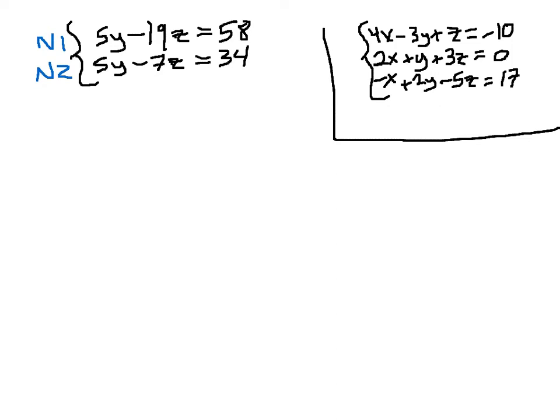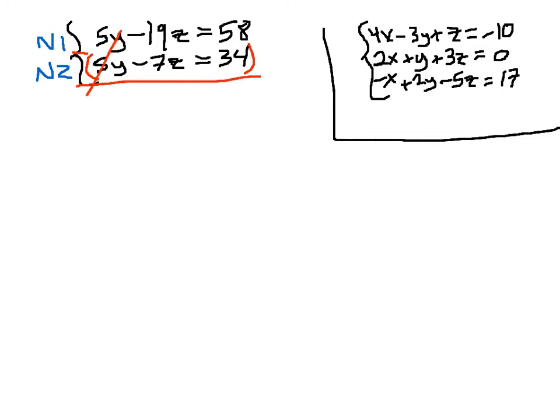I got my new number 1 and my new number 2, and now, without that extra x, I'm going to solve this. You can solve this using any method you'd like, but it looks like we can use the elimination method. Here's a 5y, here's a 5y. I can subtract these 2 equations, and when I do that, the y's will cancel.